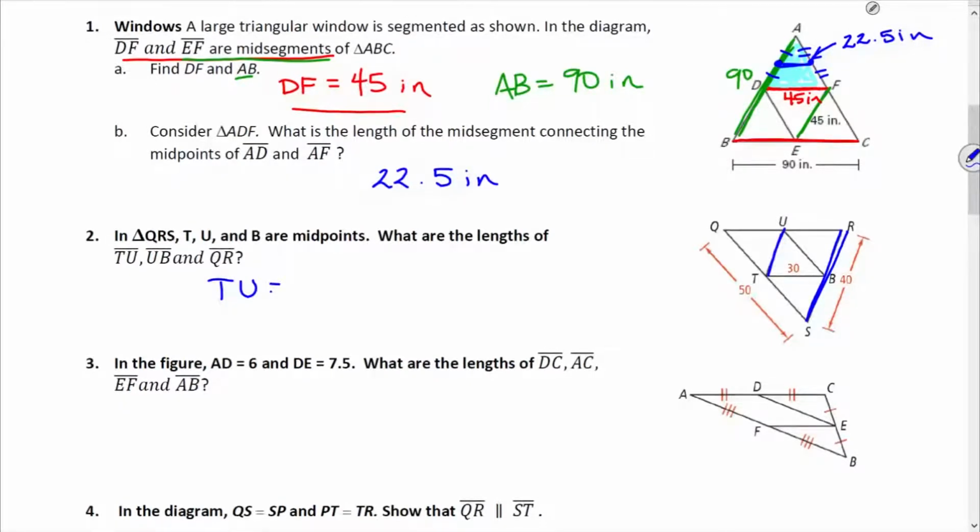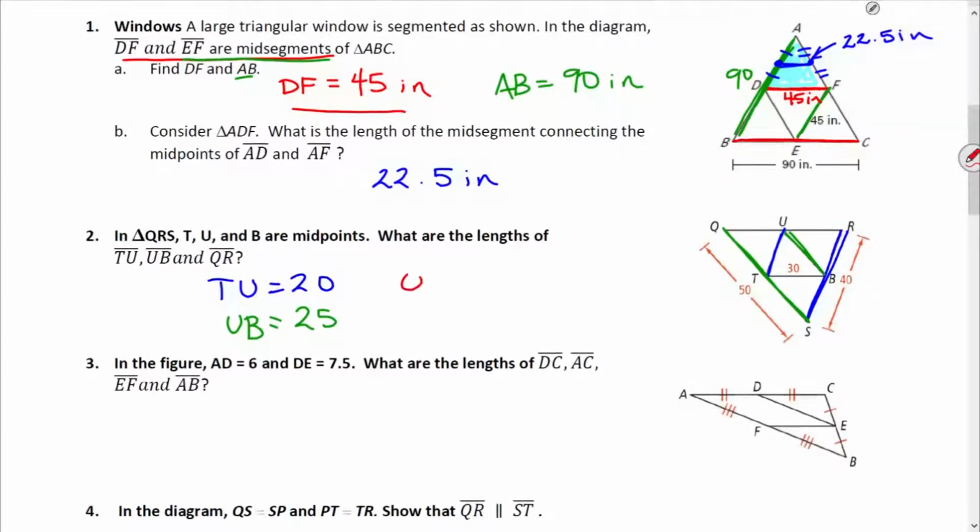So it's half of 40, and so TU is 20. Segment UB is right here. That is a midsegment because it connects midpoints, and it's parallel to this side and half the length of 50. So half of 50 is 25.